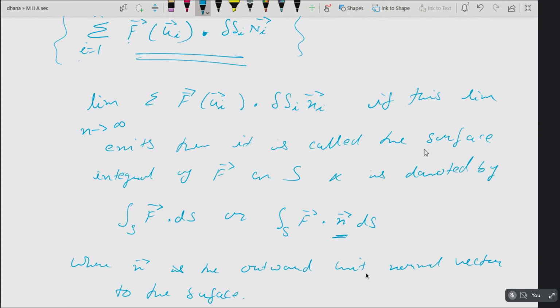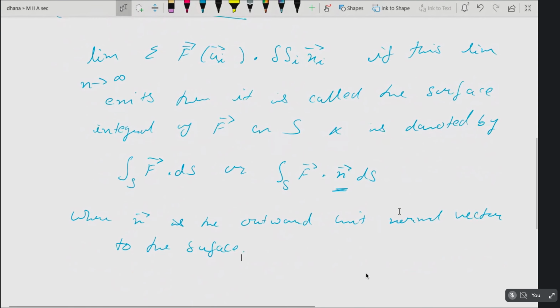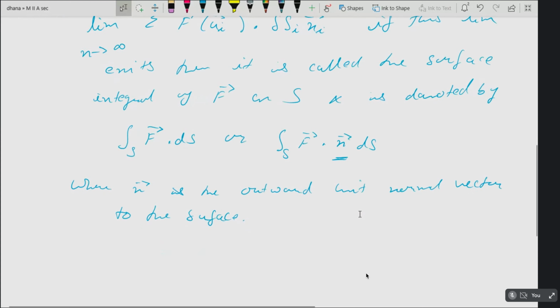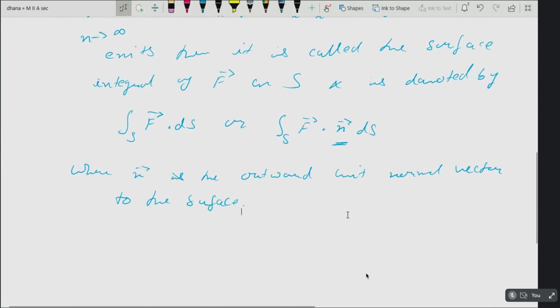Now, if you remember, you already know how to calculate the unit normal vector to a given surface. You have already learned this in the 4th unit. You remember this thing or not? Yes or no? If I give you any surface, can you find the unit normal vector to that surface? How will you find it? Let me see who will answer.